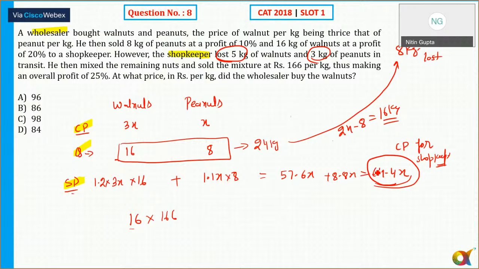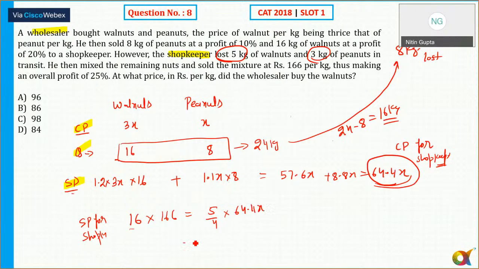So shopkeeper invested 66.4x. And this is the selling price for shopkeeper, 16 kg sold at 166. And overall, he got a profit of 25%. So 25% means 1.25. Okay, so 1.25, I can say that is equal to 5 by 4. Multiplying factor is 5 by 4 into cost price, that is 66.4x.